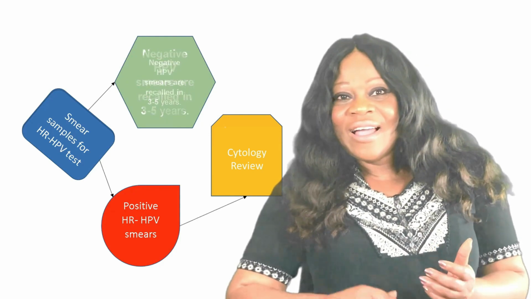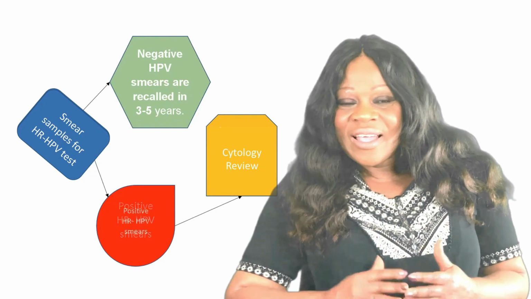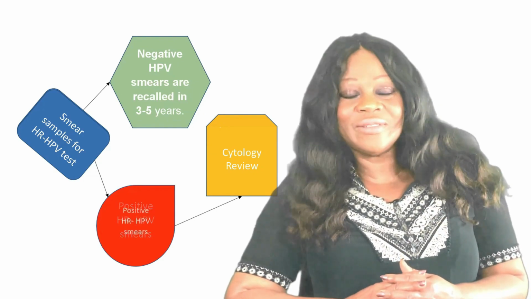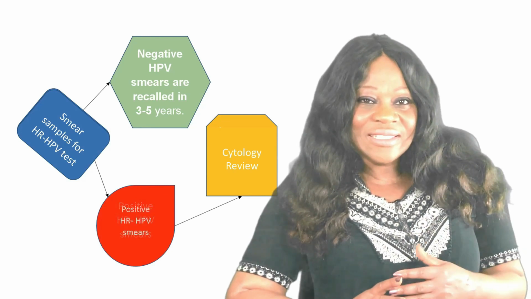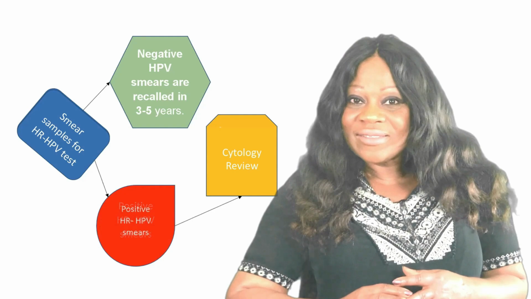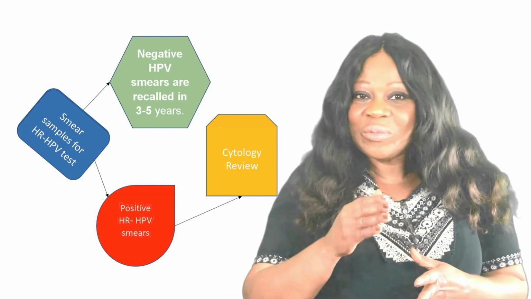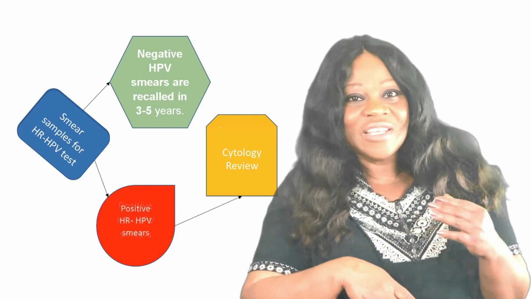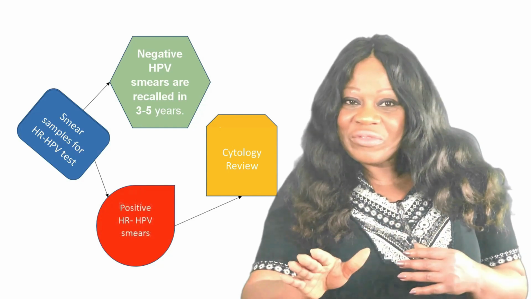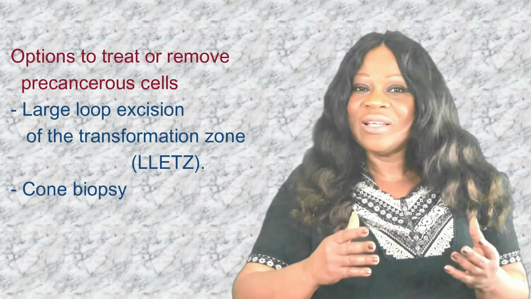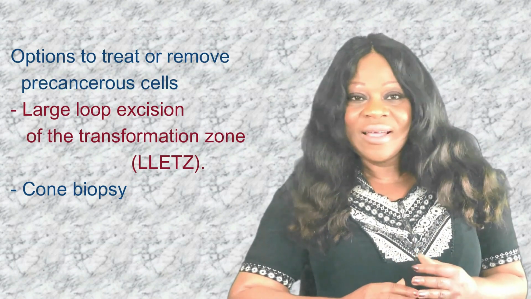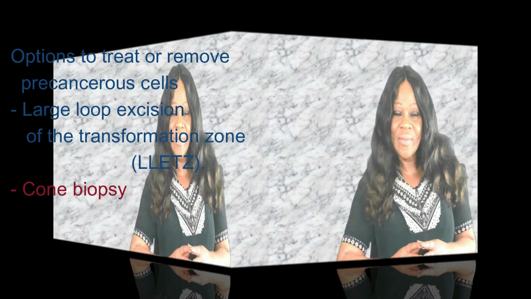Vaccinated females are also on the screening program, and if samples from this group yield positive high-risk HPV results, a further molecular test will be carried out to identify biomarkers that could confirm the neoplastic potential of the HPV subtype. Some options to treat or remove precancerous cells include large loop excision of the transformation zone (LLETZ) and cone biopsy.